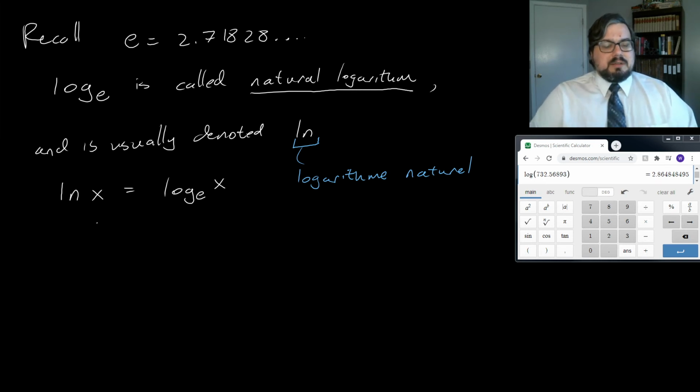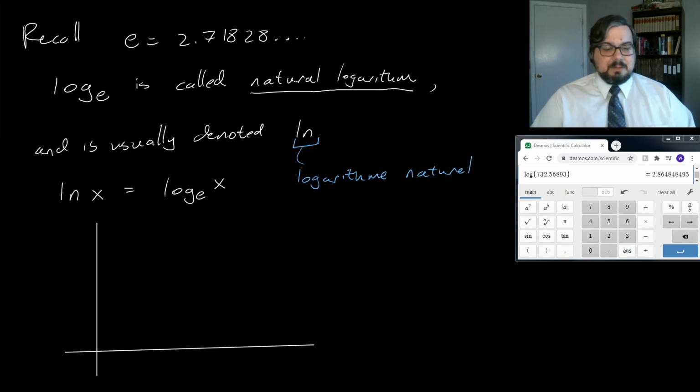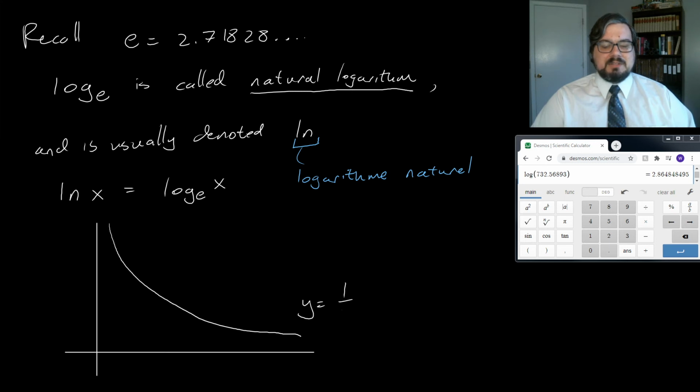There's not going to be a huge amount that we do specifically with the natural logarithm. It is more important when you get to places like calculus, and in those places it has some very important properties. For instance, if we look at the graph of the function 1 over x, and let's say we draw a line up at an x value of 1, and then we stop at some point, let me call it a, and we draw a line up there as well.